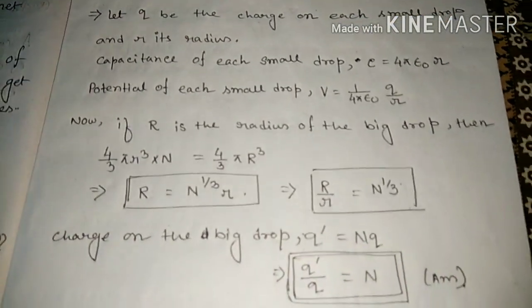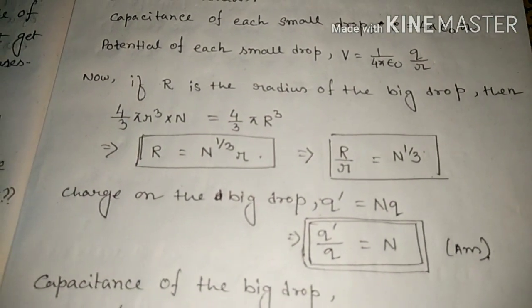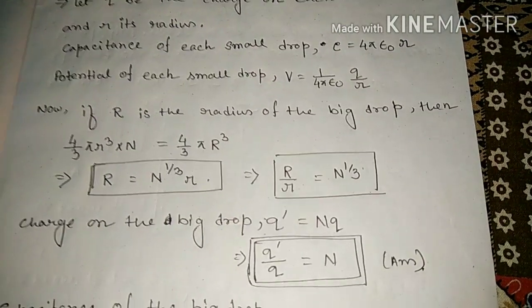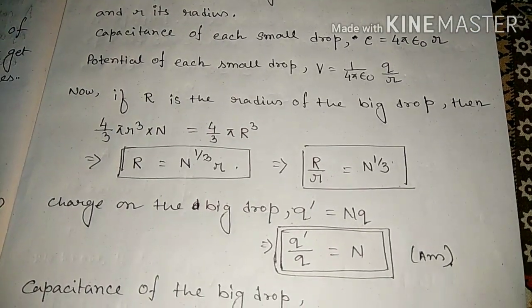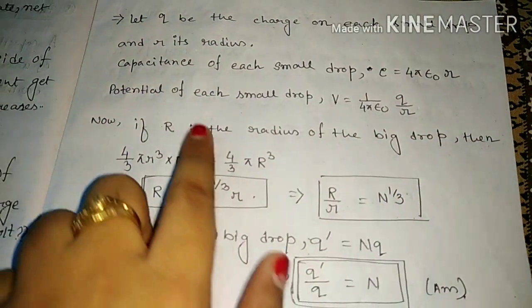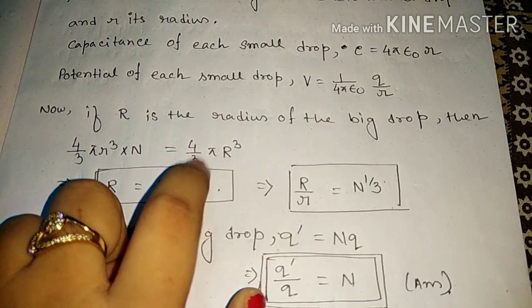Understood? Now when they combine together, they form a bigger drop of mercury, so its radius will also be bigger. We consider capital R as the radius of the big drop. There are N drops of mercury, so 4 by 3 pi r cube into N equals 4 by 3 pi R cube.